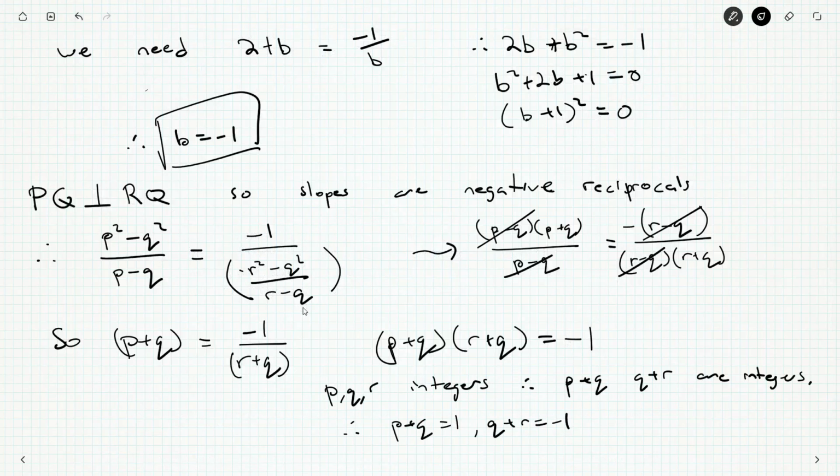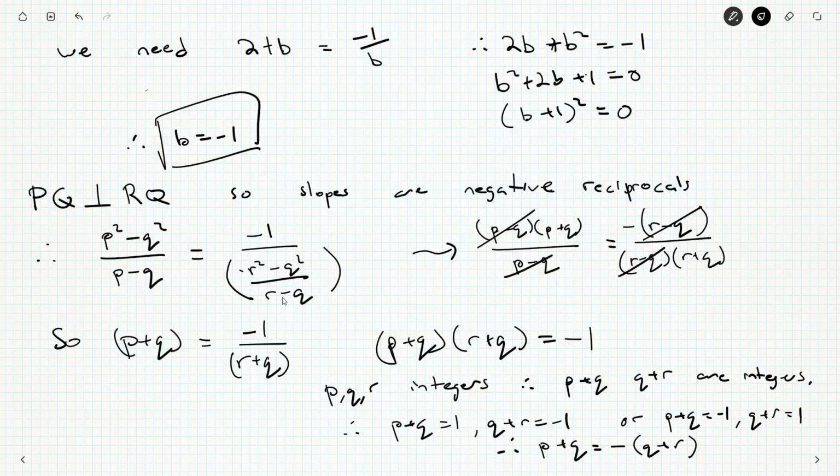I don't think there's a quicker way to write this. P plus Q is -1. Q plus R is 1. So either way, I guess what we have here is P plus Q is -(Q plus R). And so that is a relationship.